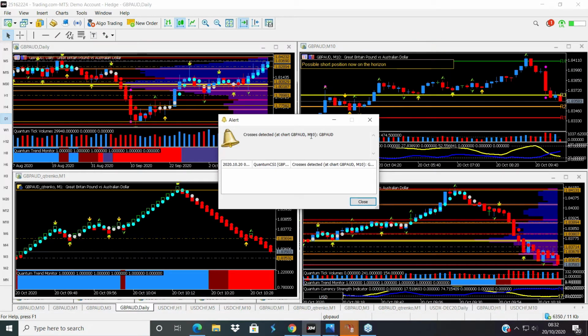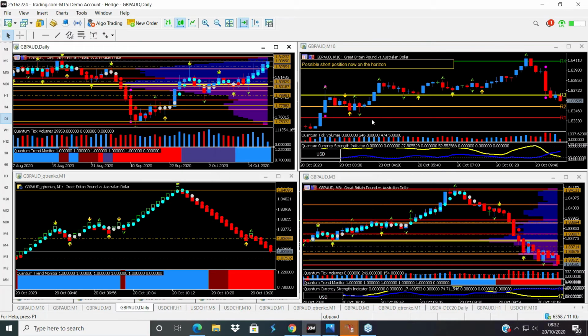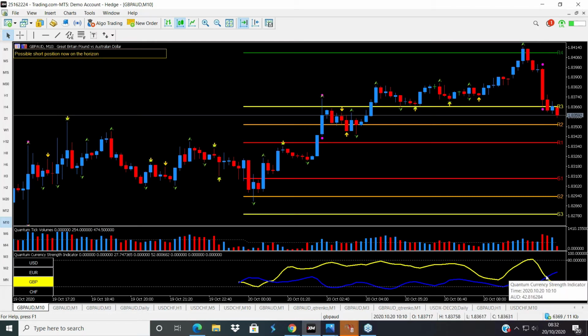This is on the 10-minute, so that told me it was coming up to a cross, but I could see visually by eye this cross here that I was waiting for, and it was around, as I said here, the R3 of Camarilla.